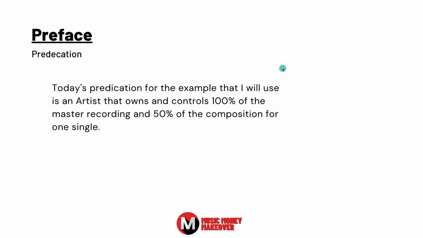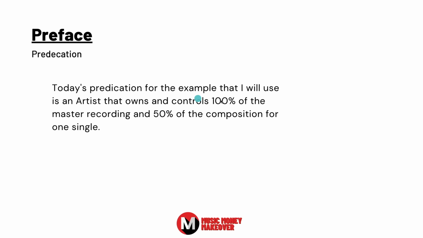Now, the premise for the example that I will use is an artist that owns and controls 100% of the master recording and 50% of the composition for one single. We're just working on one single today. This is not an album. This artist is not signed to a record label.